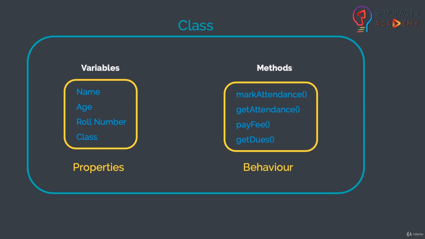So in plain English, to define a real-world entity in a computer program, you use classes. Or you can also say a class is a bundle of an object's properties and behaviors. Generally you name your class after the object it is defining, but it's totally up to you how you want to name your classes.